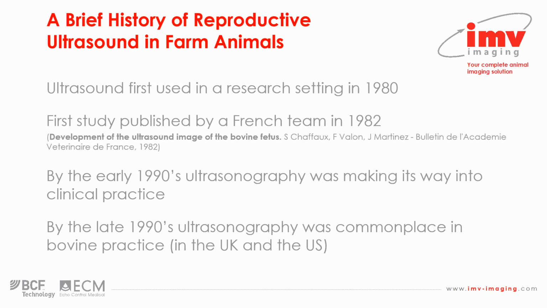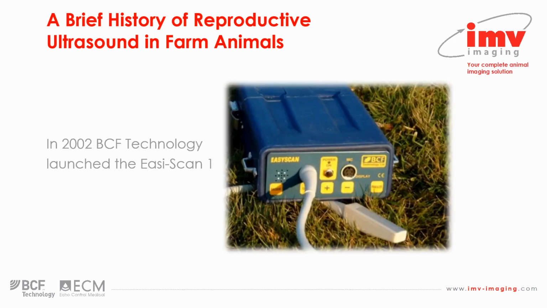And by the early 1990s, ultrasonography was making its way out of the research setting and into clinical practice. By the late 90s, ultrasonography had become commonplace in bovine practice in both the UK and the US, and of course nowadays it's widespread across the world.